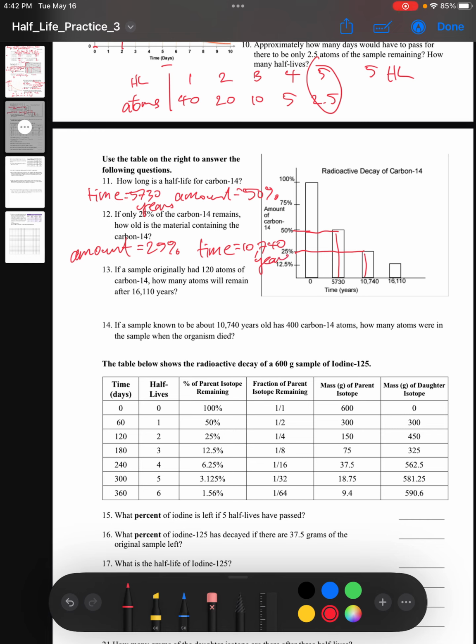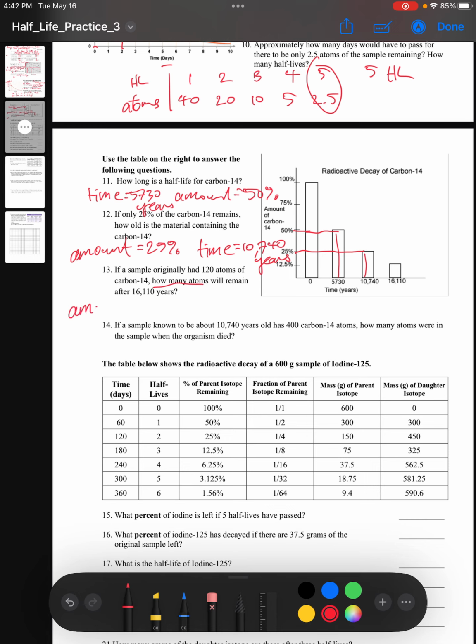If a sample originally had 120 atoms of carbon-14, how many atoms will remain after 16,110 years? How many atoms?